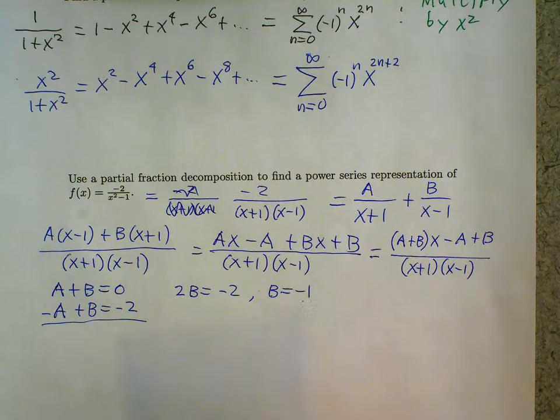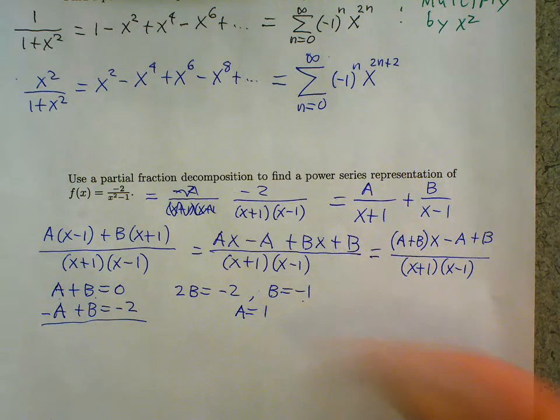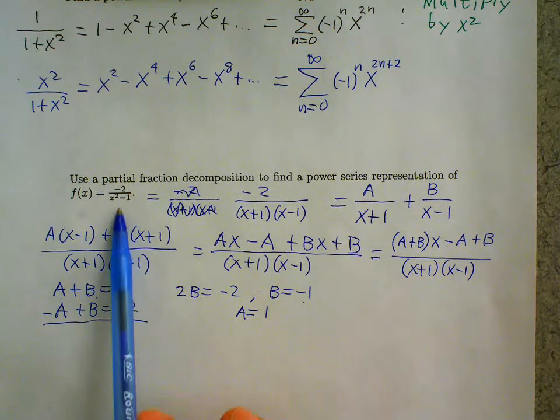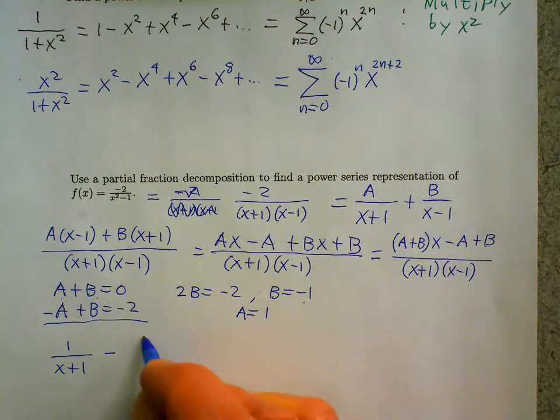And if b equals -1, a has to equal +1. Okay, so we'll rewrite this rational expression as a sum of two rational expressions, 1 over x plus 1, and then minus 1 over x minus 1.